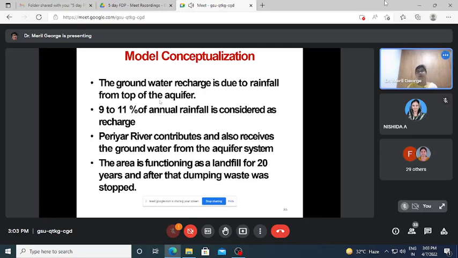That means the chemical input in this particular study was for 20 years. After that, the chemical input was treated as zero.